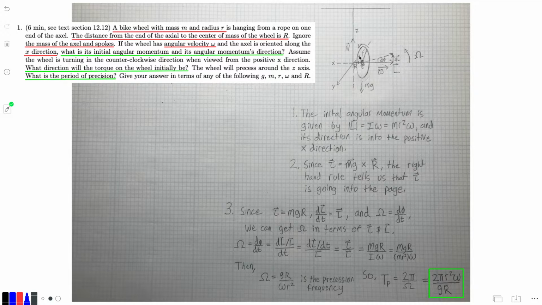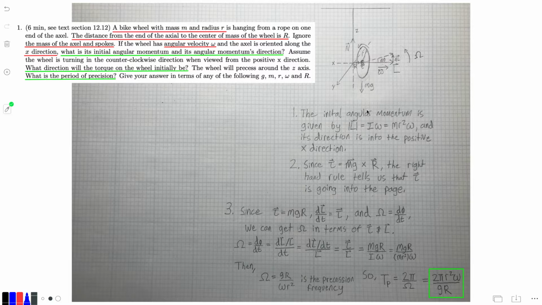Still with getting set up, we know that the force due to gravity is going to be pointing downwards. We know that normal force is going to be pointing upwards along the string, which is essentially tension. And we're tasked with finding the initial angular momentum.